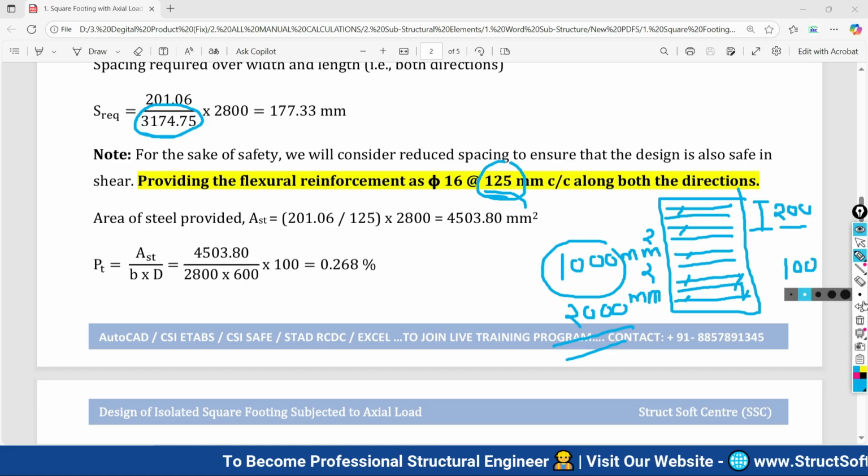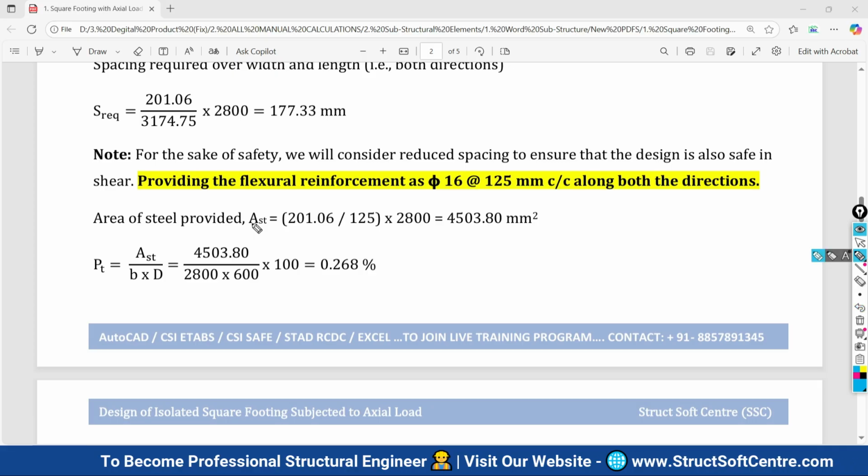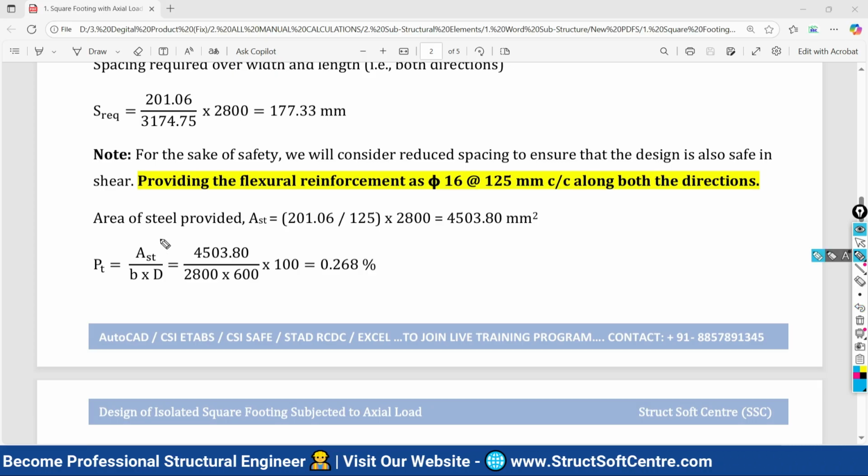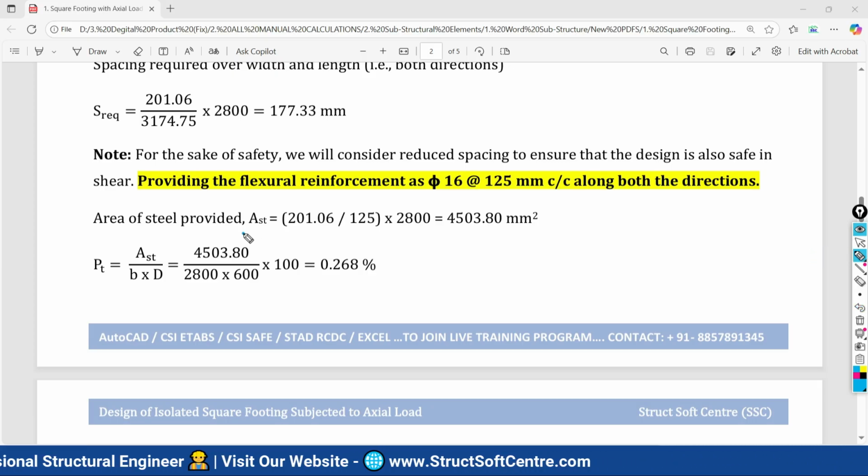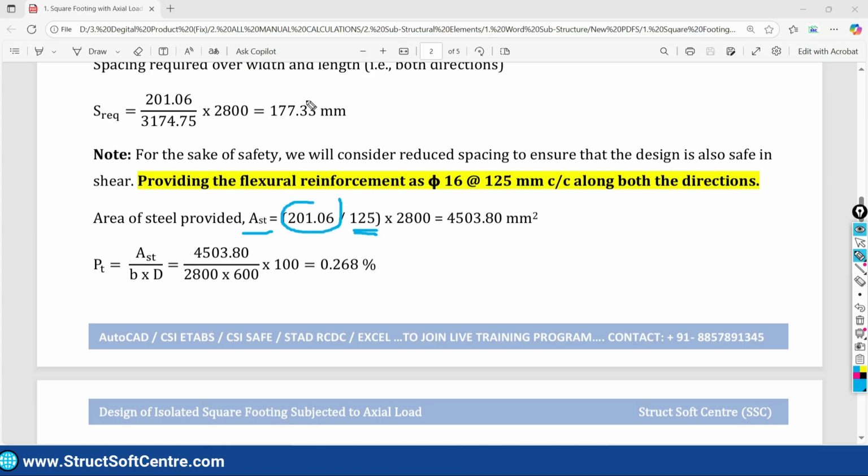So that's why we are going to repeat the calculation to find out the finally provided area of the reinforcement. So Ast will be equal to unit area divided by the finally provided spacing. Here the formula was the same for calculating the spacing, unit area divided by the provided area of the reinforcement.